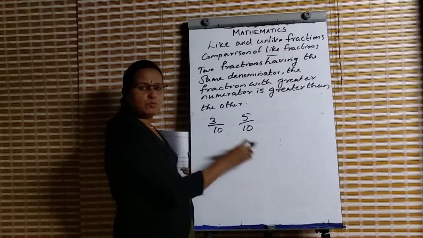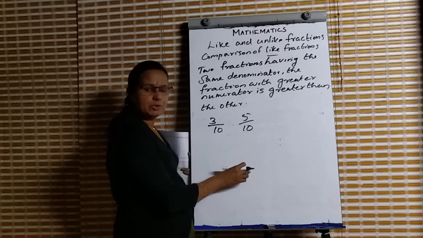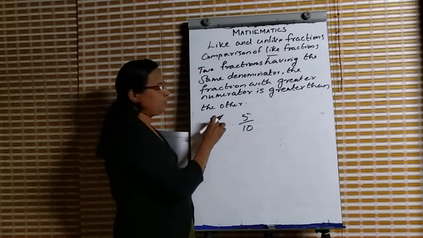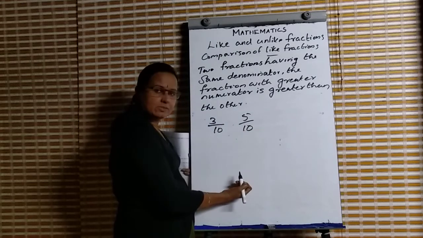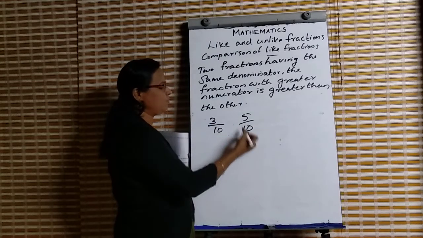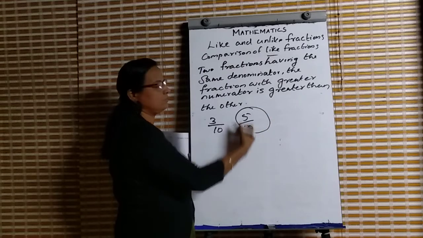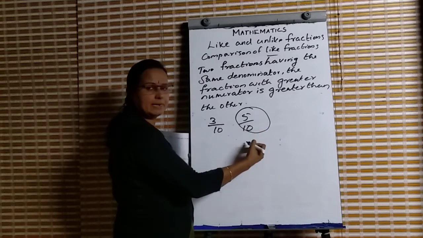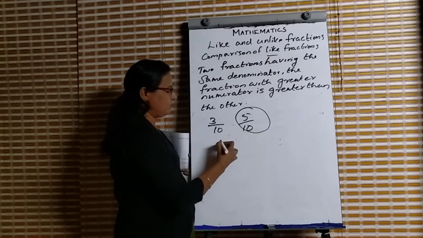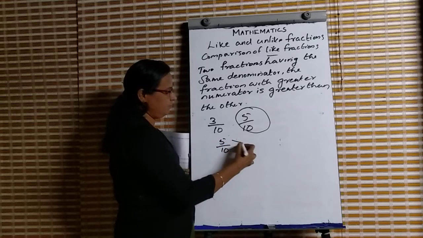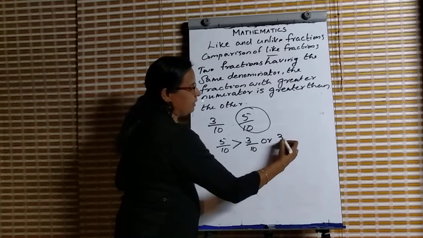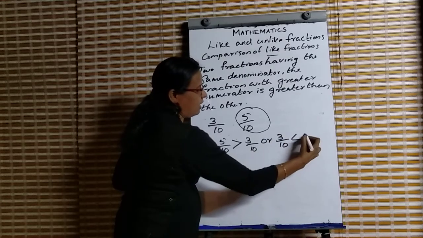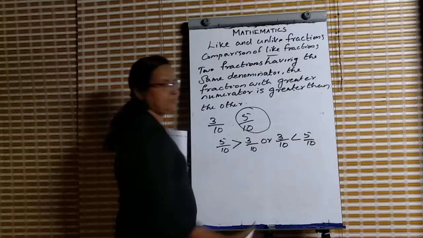To compare two fractions having the same denominator, we look at the numerator, and the greater numerator is the greatest fraction. 3 by 10, 5 by 10. Numerator greater is this one. So 5 by 10 is the greatest number. That is, 5 by 10 is greater than 3 by 10, or 3 by 10 is less than 5 by 10.